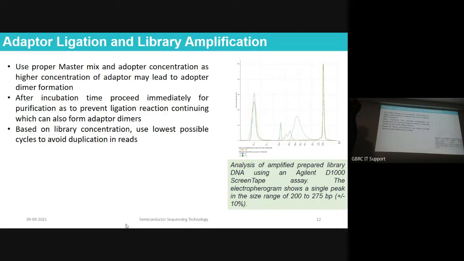So ideally, sometimes you do say 8 cycles to get your libraries to a proper concentration. Then again you go back and check, and you think that okay, my library concentration is still not appropriate to take it further. You may increase 1 or 2 or 3 cycles, which will again end up having more and more polyclonal libraries, so it would be only one fragment which would have a higher yield.